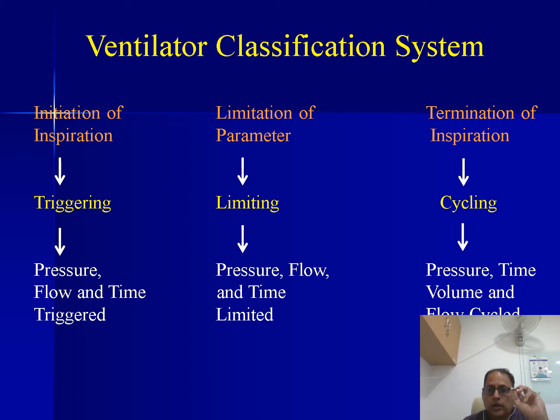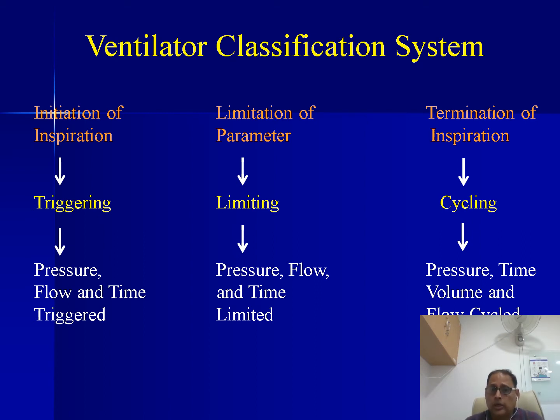In a pressure triggered breath, the pressure comes to a particular level and the ventilator senses that and gives the breath. In a flow triggered breath, the flow comes to a particular level and then the breath is given by the machine. And time triggered is obviously when a particular respiratory rate has been set, and at that time the machine gives the ventilation.